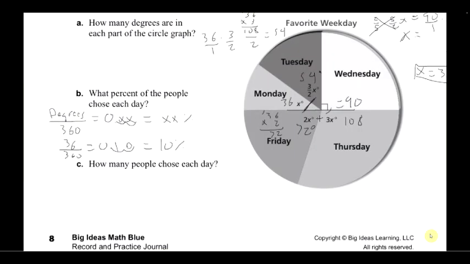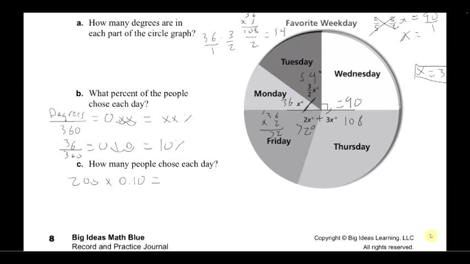The last thing we need to do is answer C, how many people choose each day. This is also quite simple. If you've been showing your work, all you need to do is multiply the 200. Each operation will be just the same. 200 times the percent, but as a decimal number. So for Monday, it would be 0.10, or 10%.